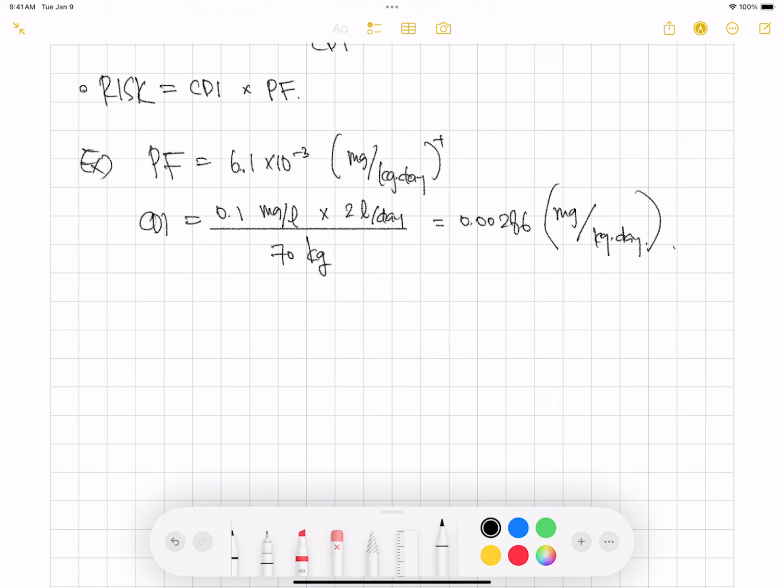Keep in mind that the units for potency factor and CDI are reciprocal.